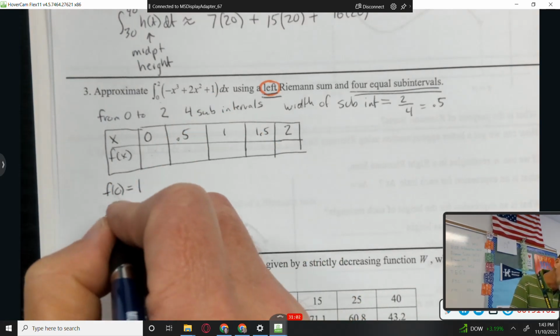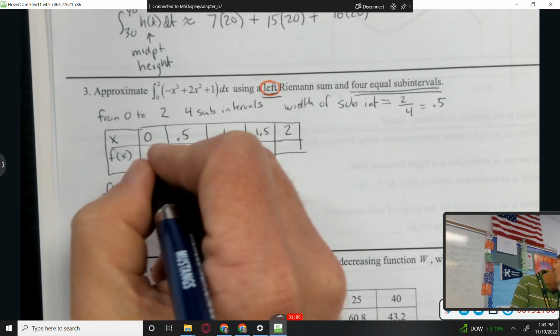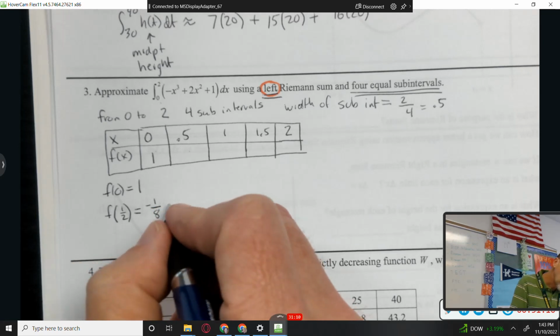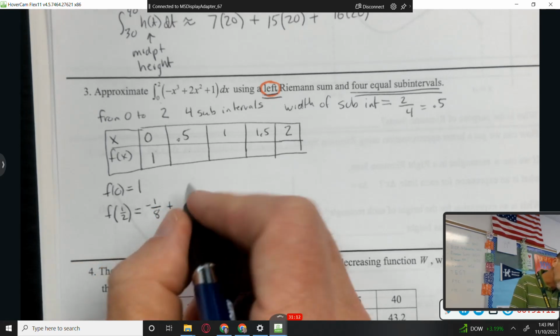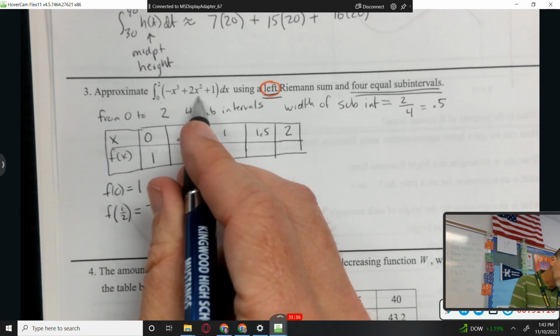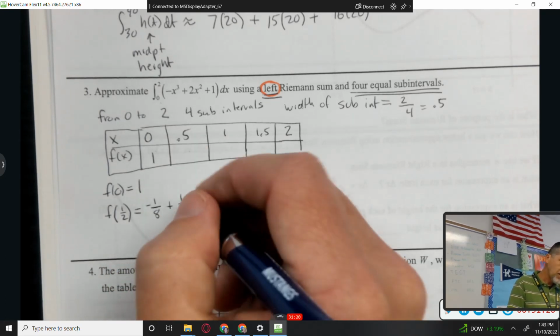F of 1/2 is going to be kind of a pain. -1/8 plus 2 times 1/4 is a half plus 1.